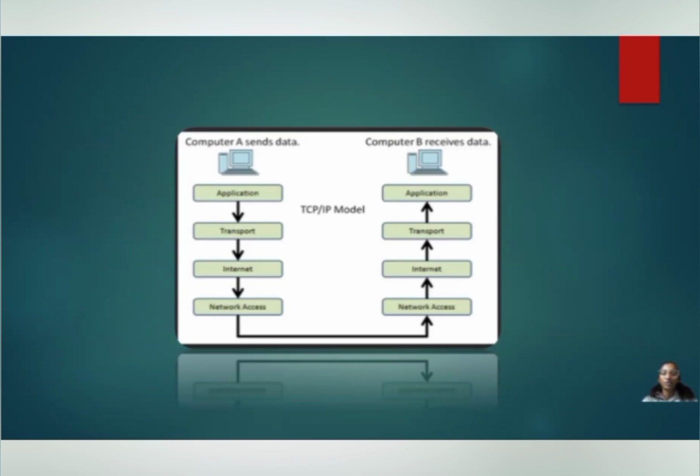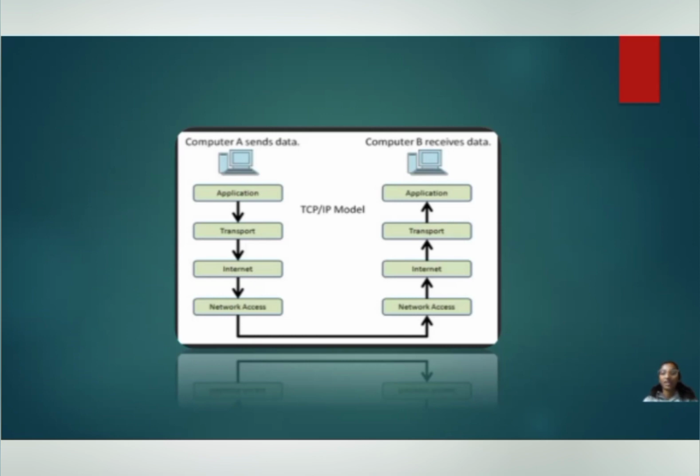From computer A, the data will go through the application layer, and then it is moved to the transport layer, then the internet layer, then network access, and then from the network access of the sender to the network access of the receiver computer, and from that network access to the internet, and then it will go to the transport and then the application layer, and then lastly it will go to computer B.